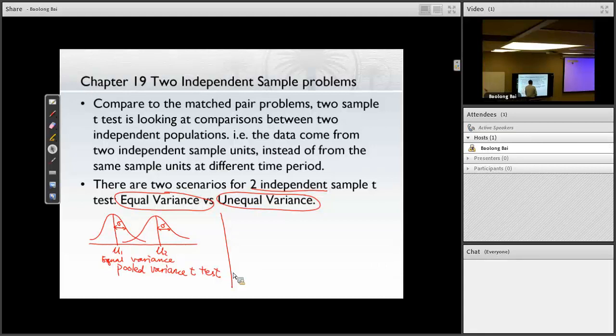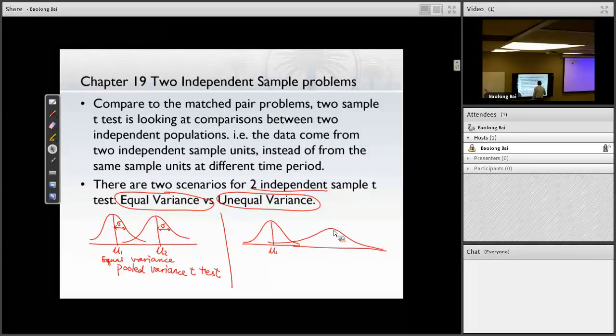Then on the other hand, if you have two populations, this is your population 1, and this is your population 2. And we try to compare the two population means to see which population mean is bigger or smaller. And in this case, the two population variances or standard deviations will be different now, right?